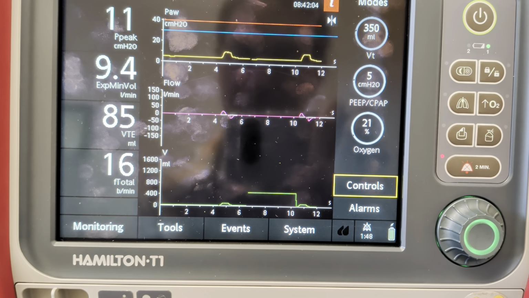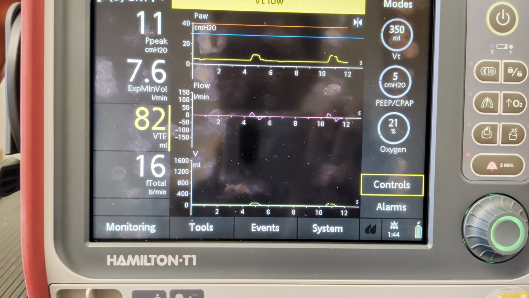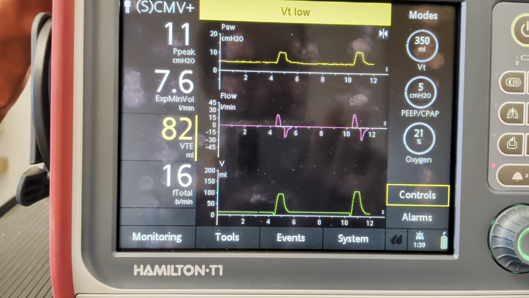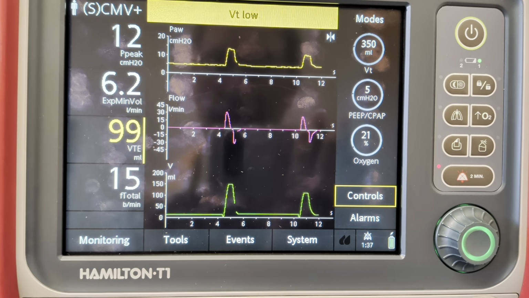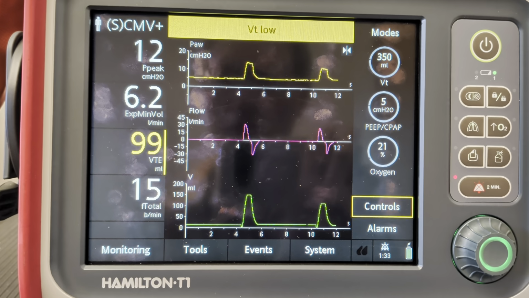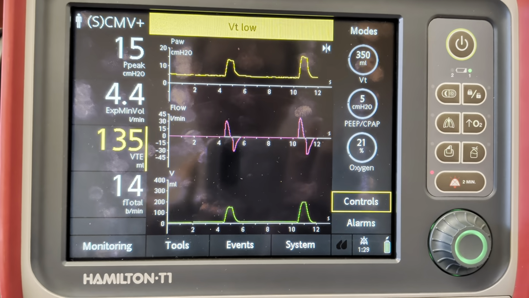So that is certainly something to think about. Those are some basic things that you can do to help a patient with an airflow obstruction or increased airway resistance pathology.